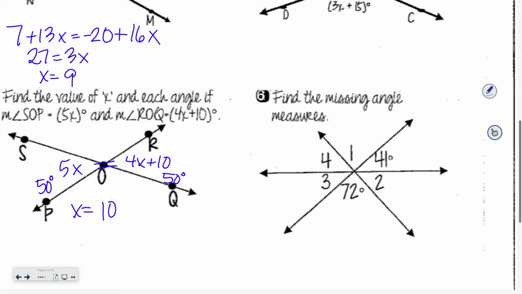All right, I want you to try 6. You're finding the value of each one of those: 1, 2, 3, and 4. Take a second, see if you can find the value of each one of those angles.